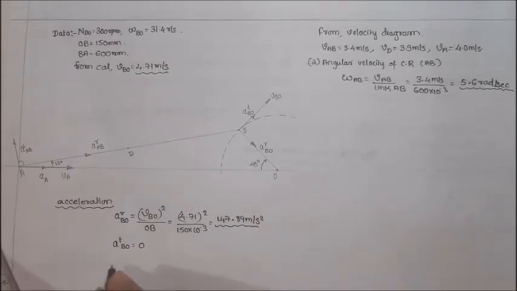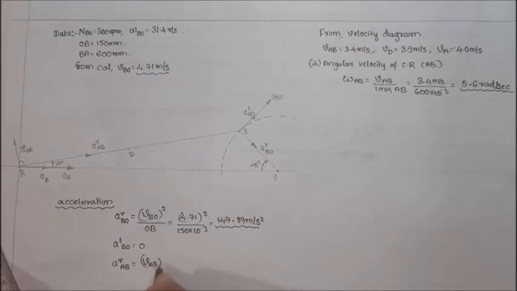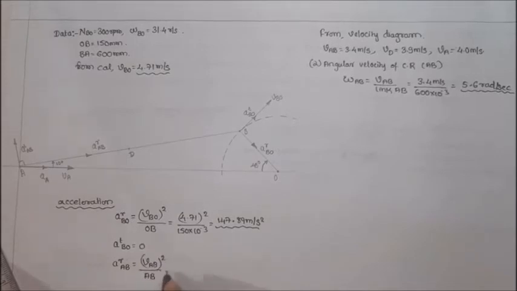Next, what we require to find out? Radial acceleration of AB equal to velocity of AB to the power 2 by link AB.